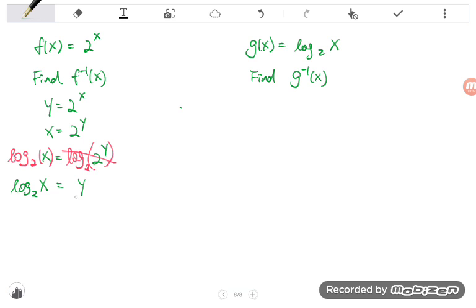Now I have just isolated my y, and I can replace my y with my inverse. So my inverse of f is log x to the base of 2.